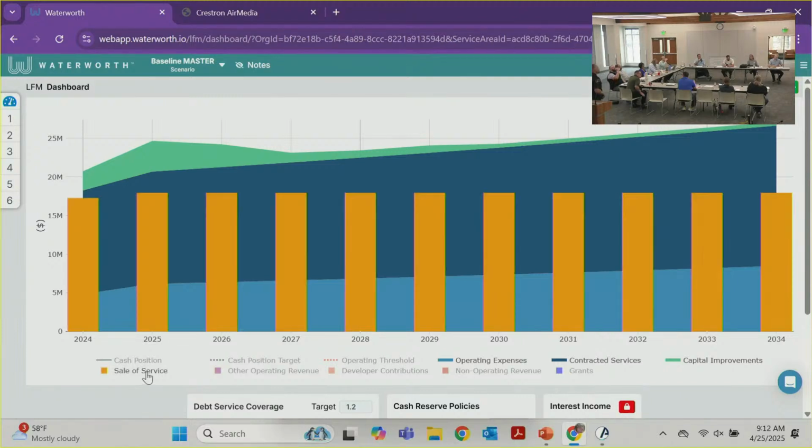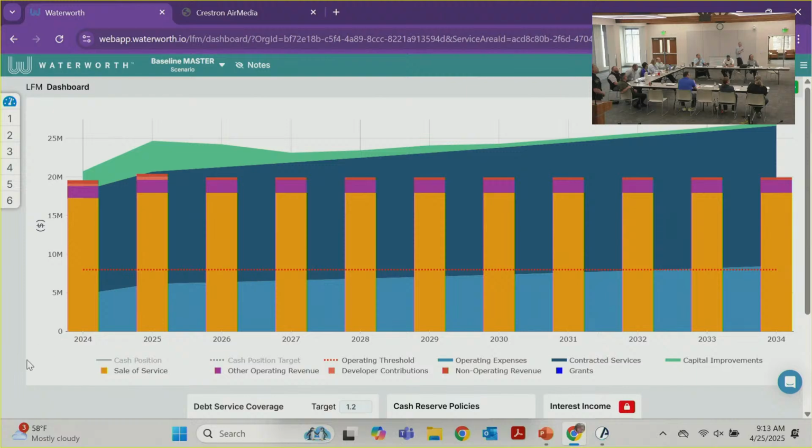Then this is our sale of service, which again is the utility rate. Other operating revenue and non-operating revenue and grants. So we have no grants projected. Correct, yeah. The operating threshold for power is $8 million.